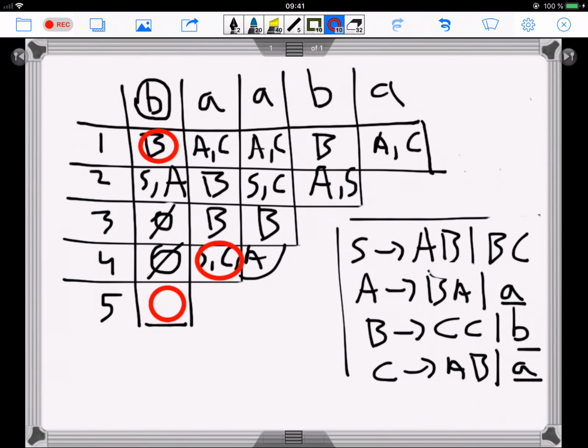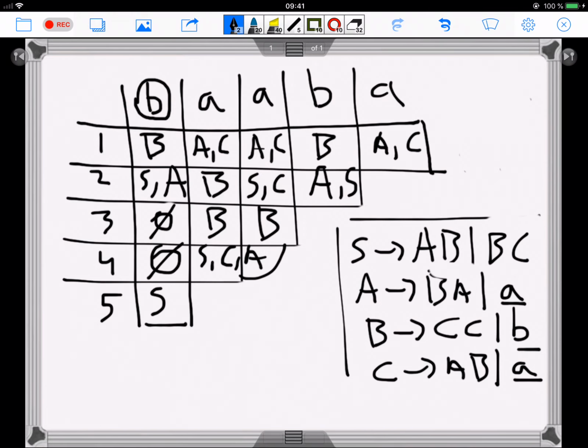And BS is not generated by B, but BC is generated by S. Okay, so here we need to write S. And now if we only want to check whether the grammar generates the word or not, we can stop because we have S in the last cell of the table, and that means that the axiom generates the whole word.